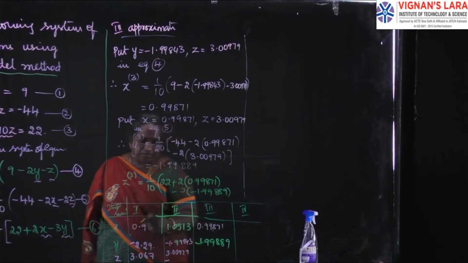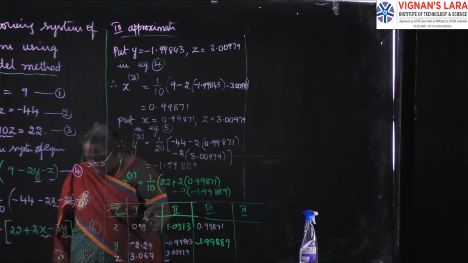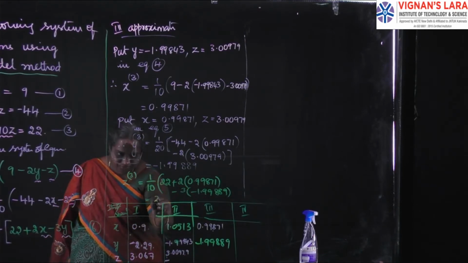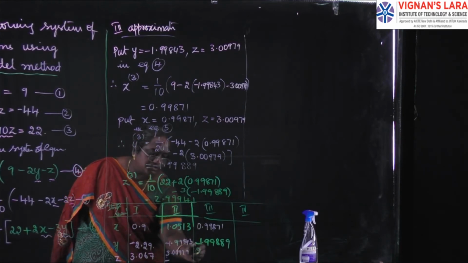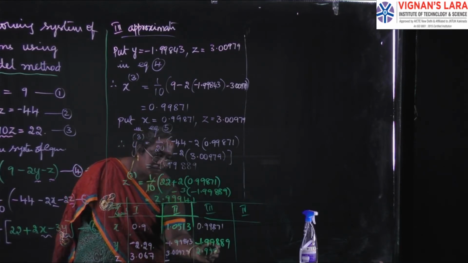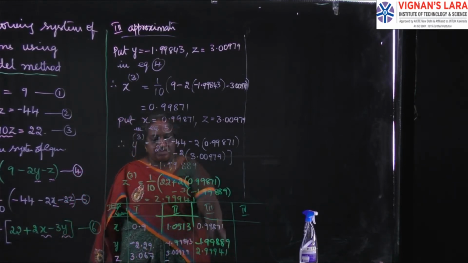That is the value. So if you evaluate, this comes to be 2.99941. So this is the third approximation.